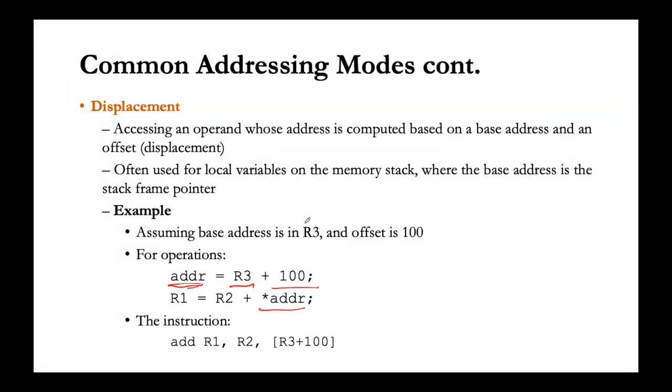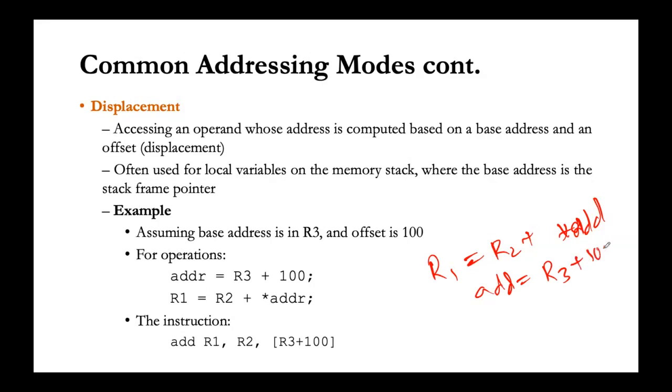So the operation in the displacement addressing mode looks like R1 is equal to R2 plus the address, where the address is equal to the base address plus the displacement.